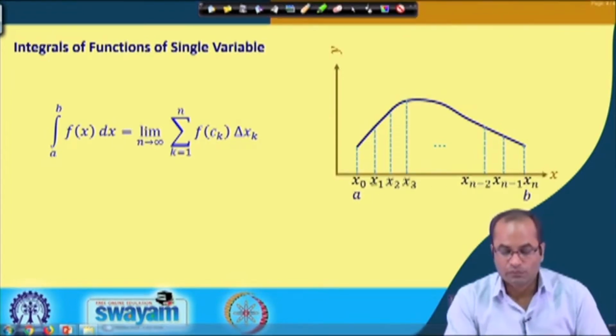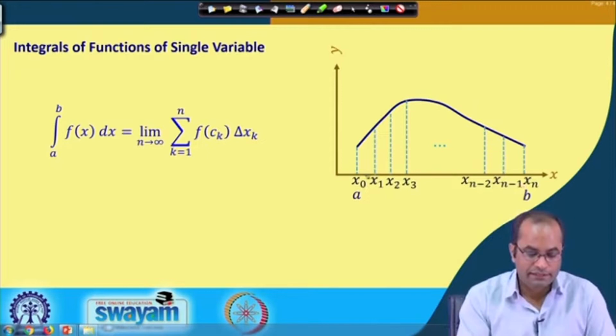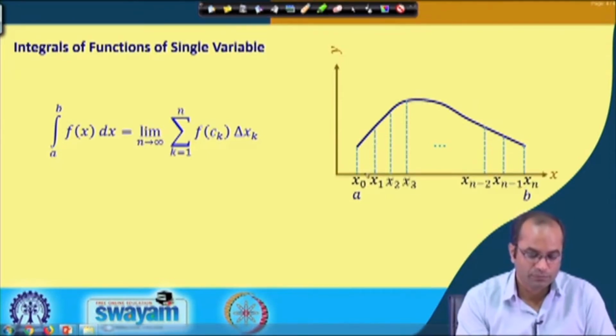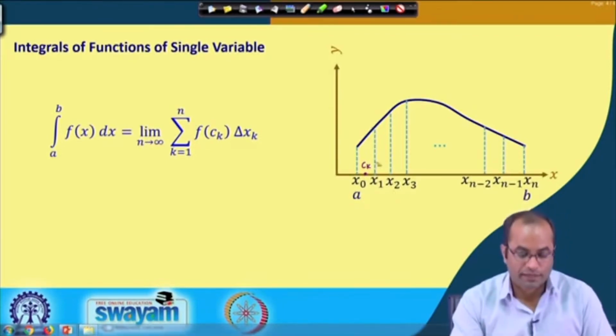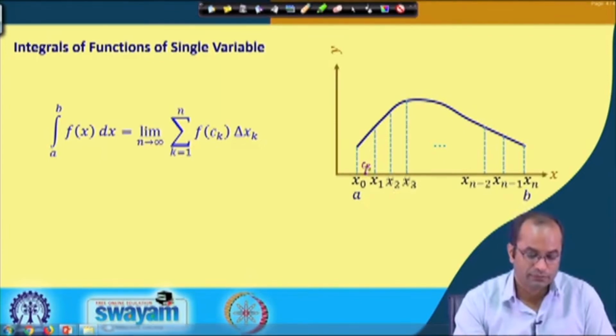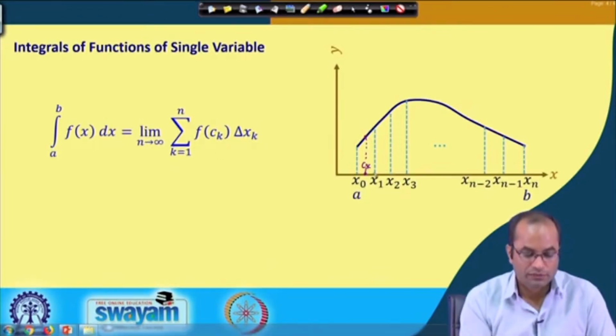So, we have divided the whole range a to b into n intervals, and then in each interval we have taken a point. It could be a middle point or any other point here. So, this c k point, and c k is between x 0 and x 1 in this interval, and we take the value of the function at this point, f c k, multiplied by this delta x k.